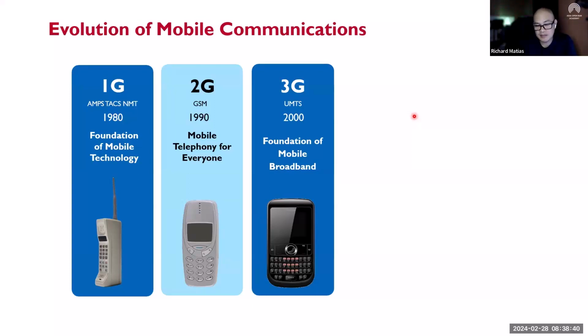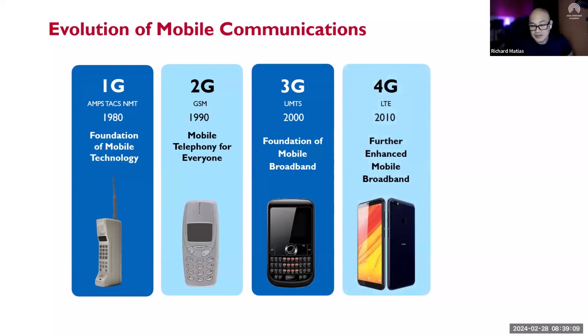Mobile broadband means you can connect to the internet from 1 Mbps and above. Using 2G, it's still in kbps, from 64 kbps up to 384 kbps only. But for 3G, we have reached from 1 Mbps up to 42 Mbps.